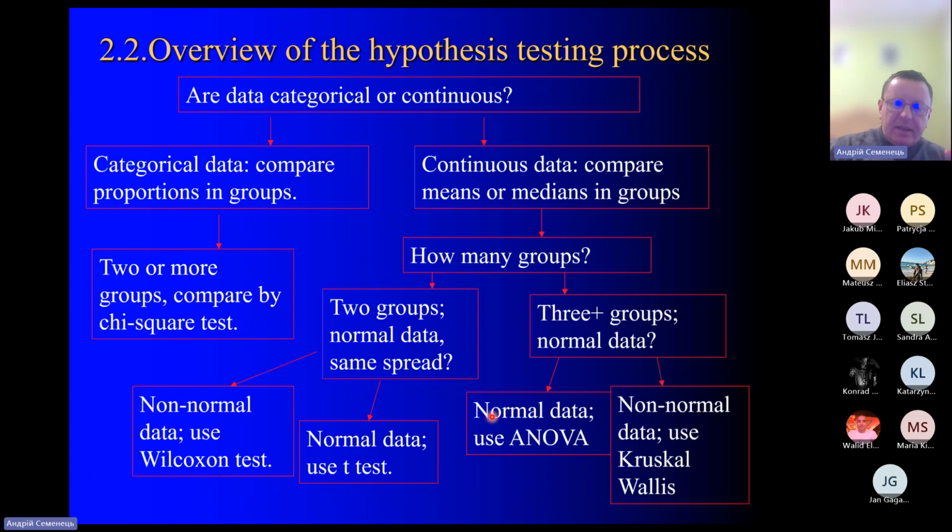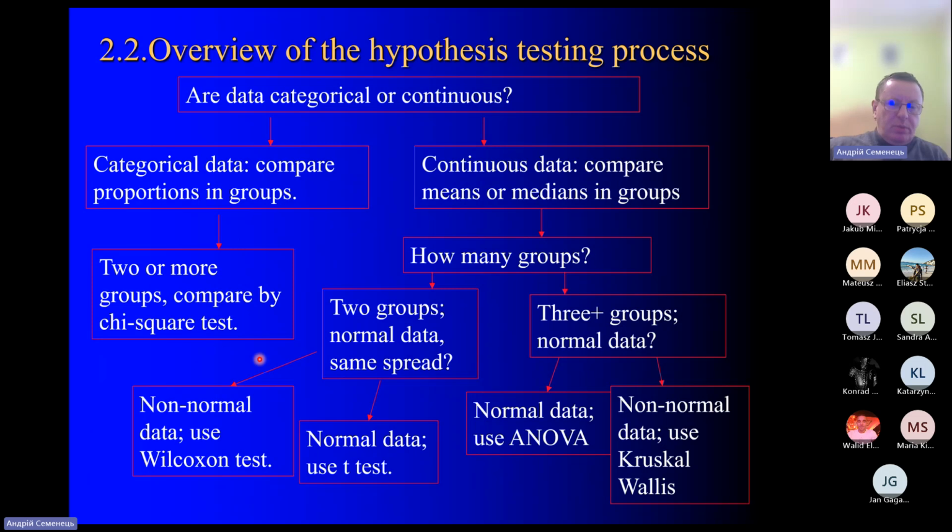Now, to bring a little more order to this algorithm and make it more detailed, how can we choose which method we have to use? First of all, we have in mind whether our data is categorical or continuous. In case of categorical data, we have to compare proportions, as has already been said.